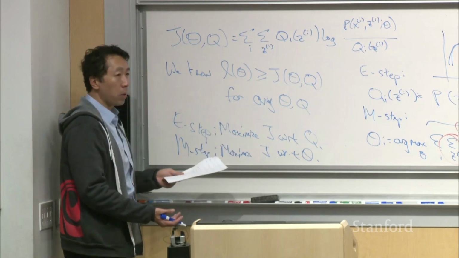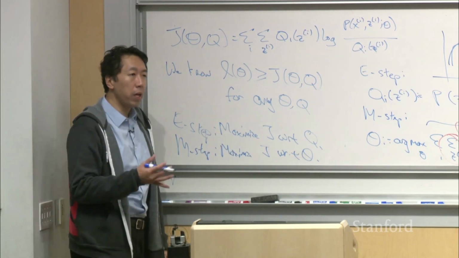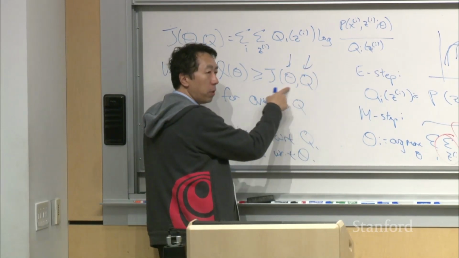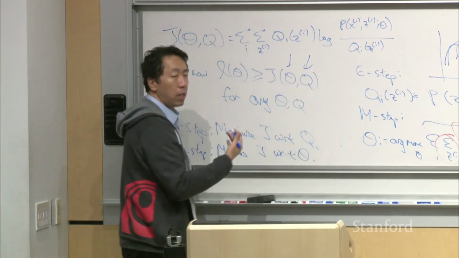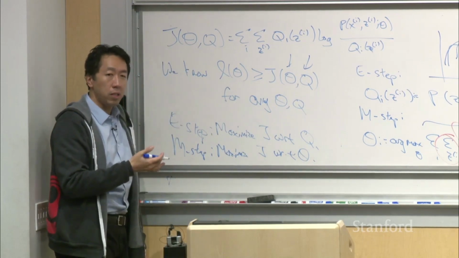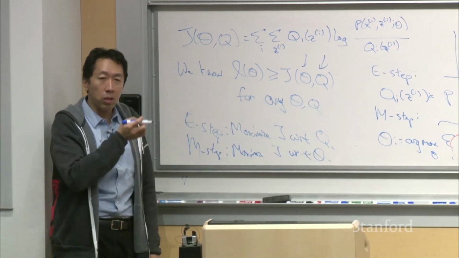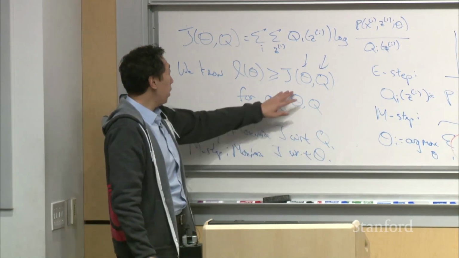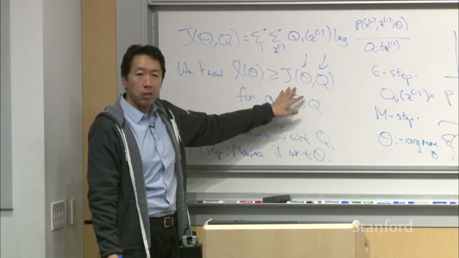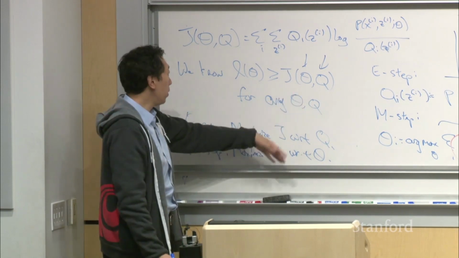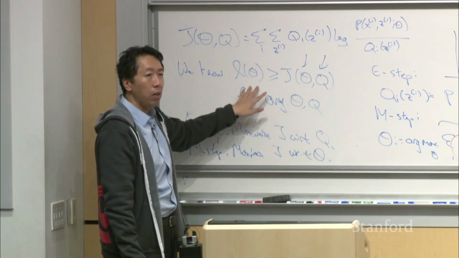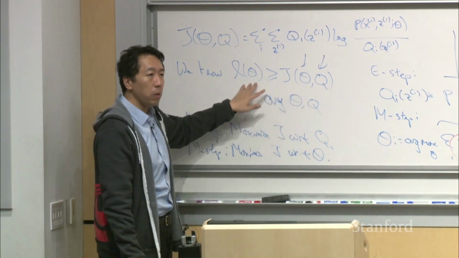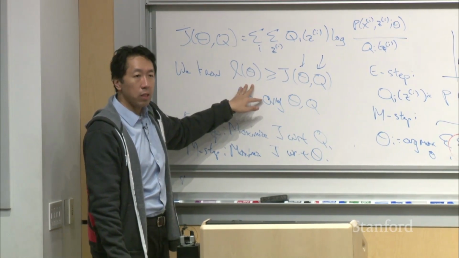This algorithm is sometimes called coordinate ascent. If you have a function of two variables and you optimize with respect to one, then the other, going back and forth, one at a time, that's called coordinate ascent. And so EM is a coordinate ascent algorithm relative to this cost function J, right? On every iteration, J ends up being set to L, which is why you know that as the algorithm increases J, the log likelihood is increasing on every iteration.